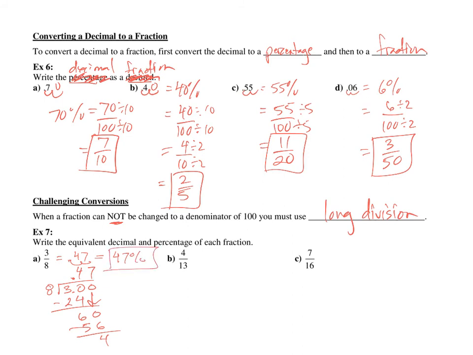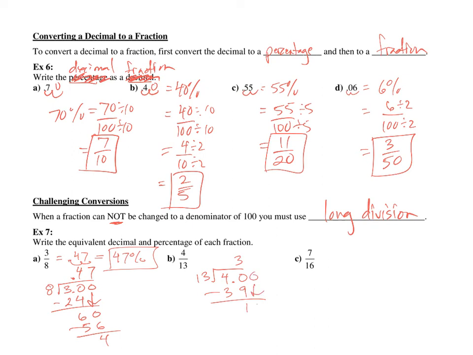All right, so you can do this by hand. You don't need a calculator. If you want to use a calculator, that's fine, but it's always good to know how to do this by hand. All right, so now how many times does 13 go into 4? All right, because we can't multiply 13 by anything to get 100. Well, it doesn't go into 4, so we add a decimal and a 0 on. 13 goes into 40 3 times. 3 times 13 is 39. Difference is 1.